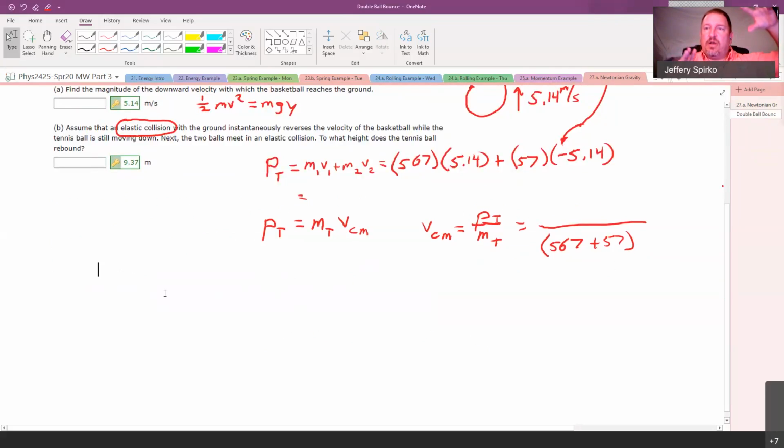So overall, the average of these two things is moving upwards because the basketball's mass is moving upwards.